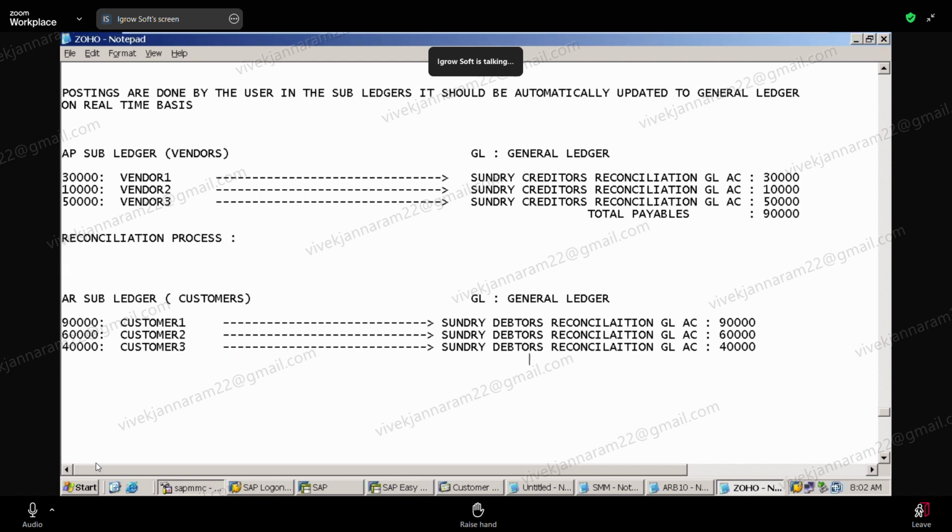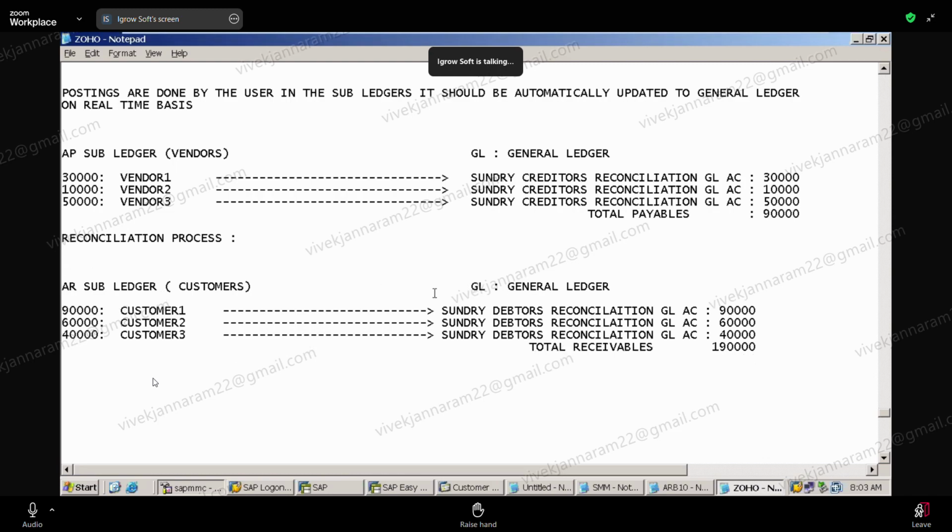So total receivables, can you tell me, guys? How much is there? 1 lakh 90,000. Is that clear? This is how the subledgers are connected to the general ledger. This is also a reconciliation process.